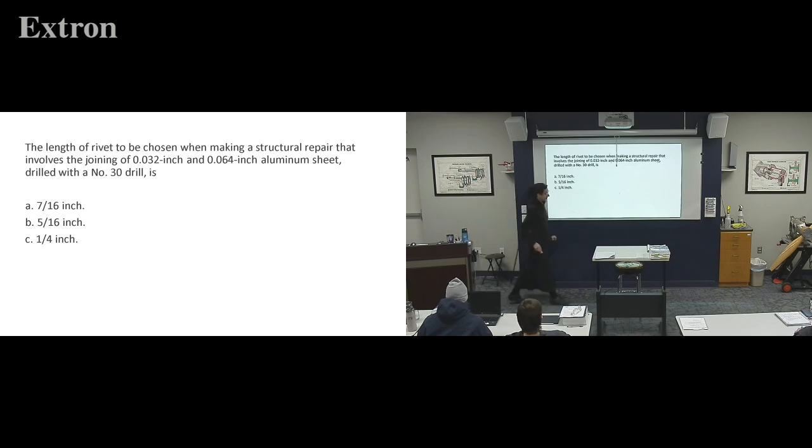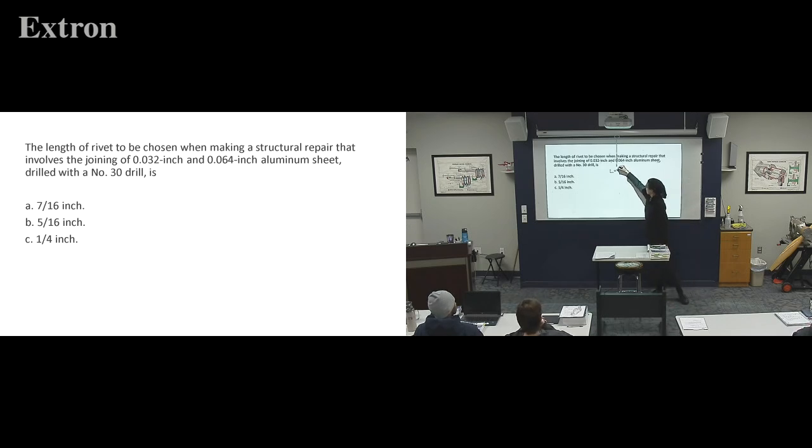And I think everybody on this one knew that you needed to combine 32 thousandths and 64 thousandths to get your total thickness. So we're trying to figure out the length of a rivet. So you knew that. So that was very good. Again, I gave you credit for work that you did correctly.